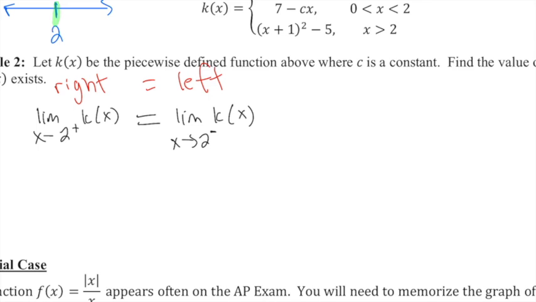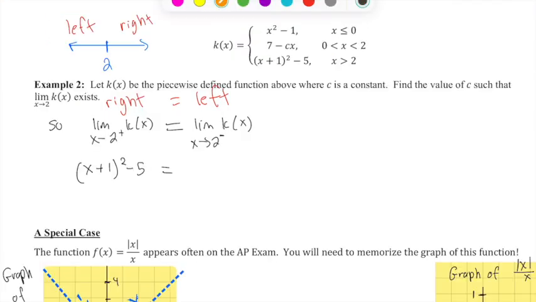When we are moving to the right of 2, that means we are bigger than 2, which is this equation here, and I will highlight this in yellow. And then in orange, we're going to use this equation. This is the left-hand limit. Visually, when we're from the left of 2, all of these values here are less than 2, which is this equation here.